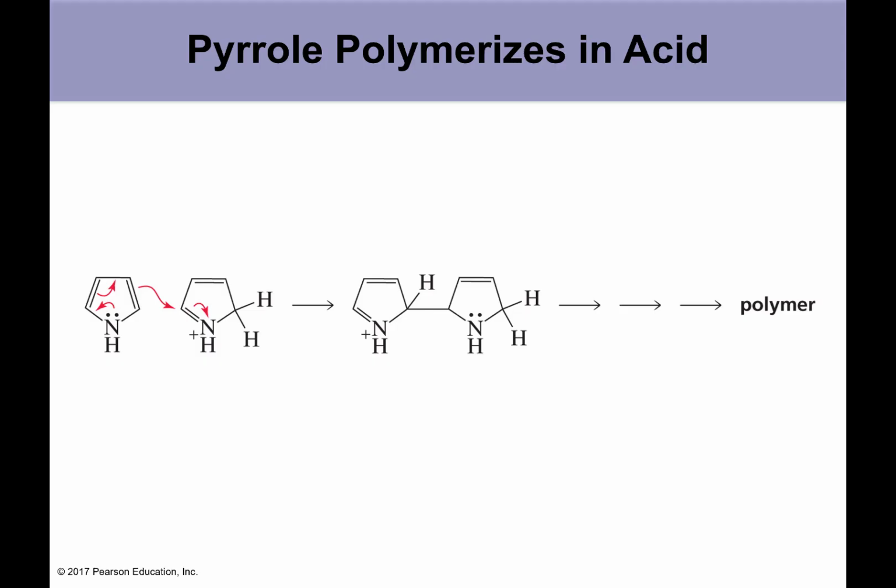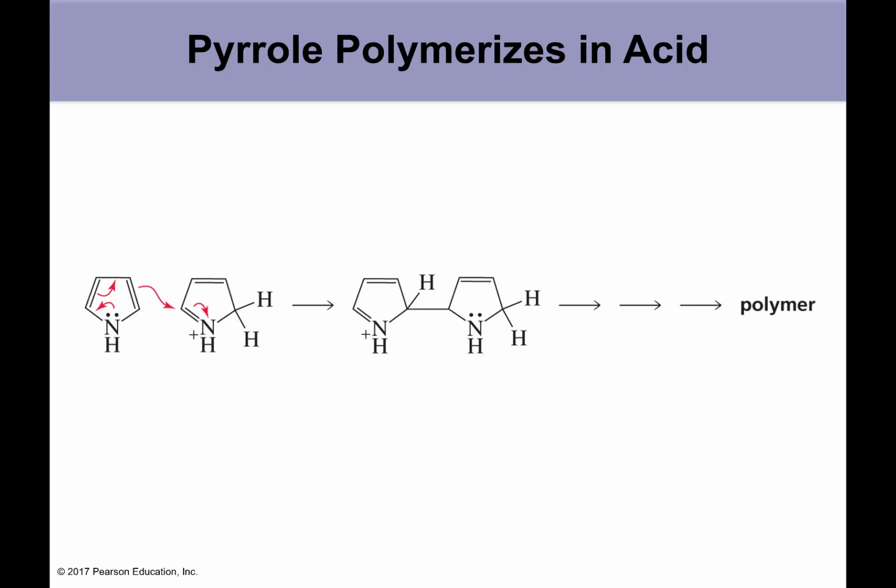So another interesting property of pyrrole in the presence of acid, or also a Lewis acid, so it could also be a metal ion, is that it will polymerize to form what's called polypyrrole. And polypyrrole is an interesting material because it's an insulator, but if you oxidize it, it can also be used as a conductor.